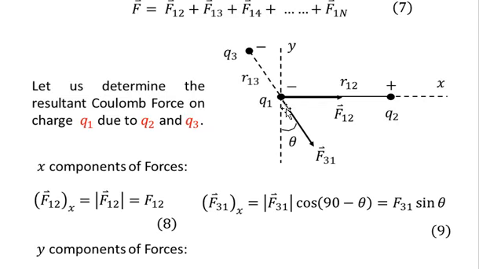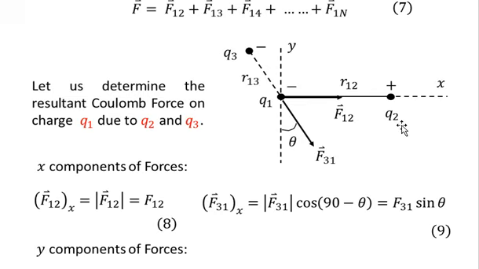So the force that charge Q3 exerts on charge Q1 will be in the direction of the force F13, which may be regarded as the force on charge 1 due to charge 3. And here it will make an angle theta, for example, with the negative y direction.